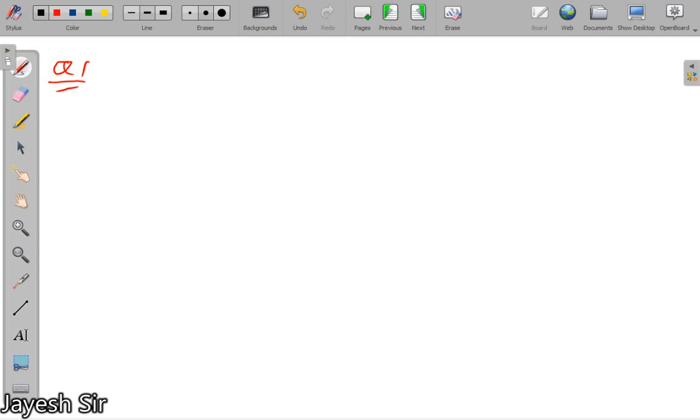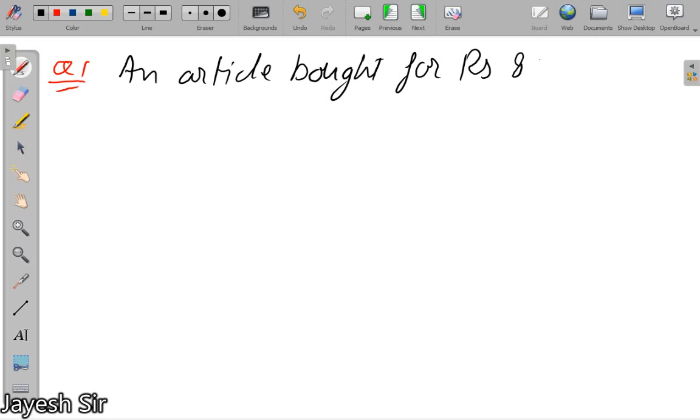This is exercise 8.3, by the way. Question number 1: an article bought for rupees 80 was sold for rupees 90. Find gain or loss percent.